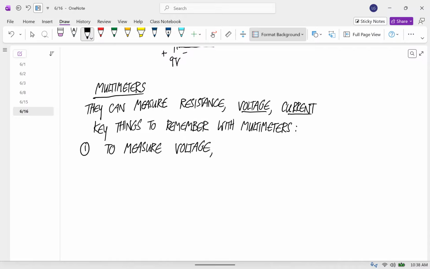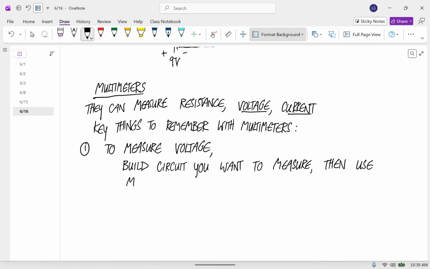The first one is if you're measuring voltage, build the circuit that you want to measure, and then just use the meter as an observer.